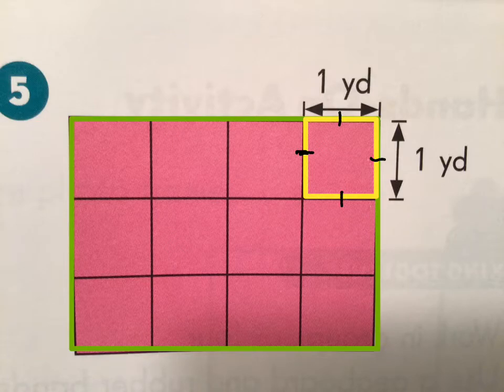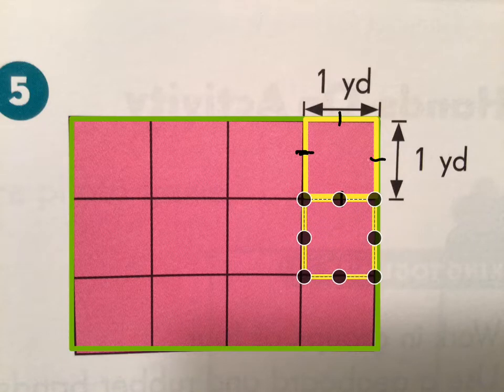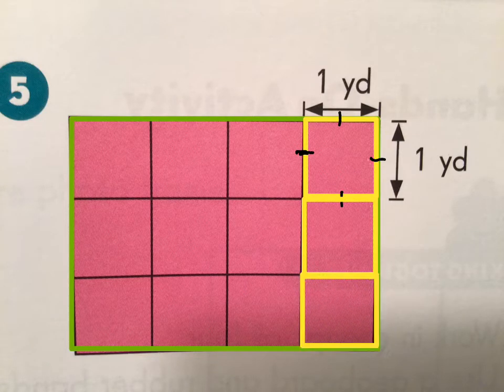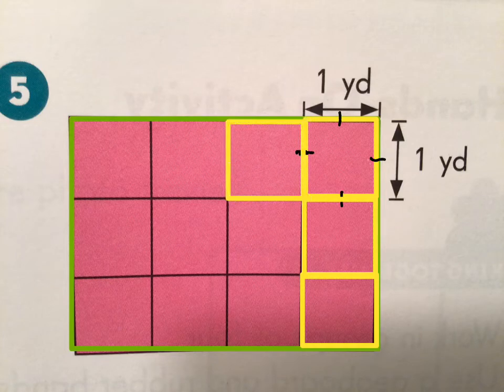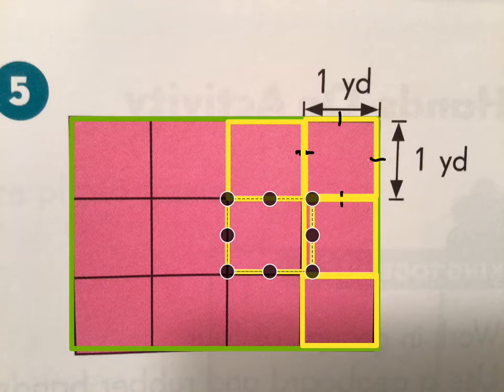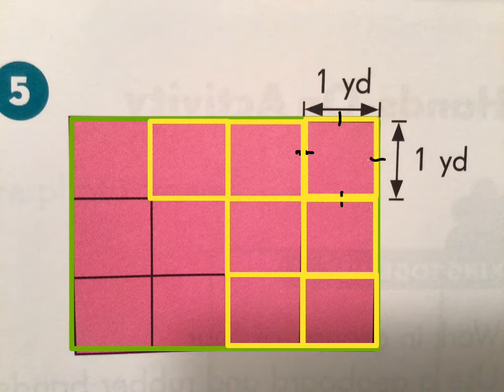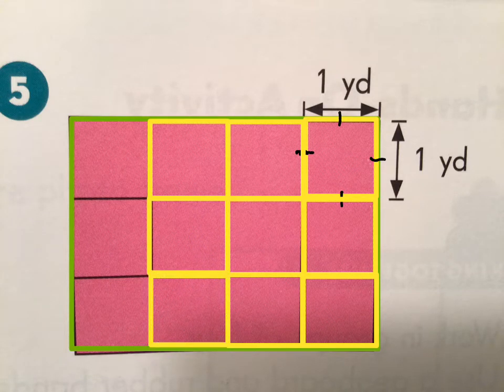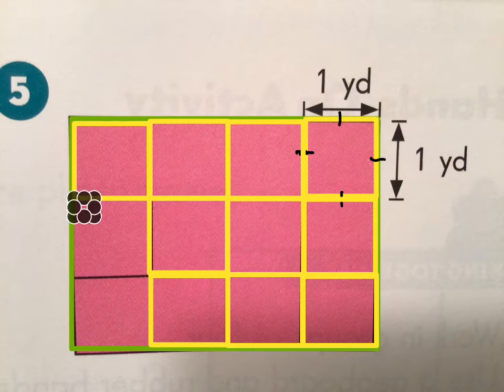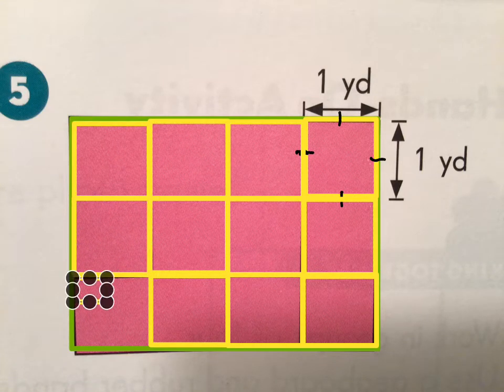I'm going to highlight in yellow how many square yards would cover this rectangle. There's 1, 2, 3, 4, 5, 6, 7, 8, 9 square yards, 10, 11, 12.